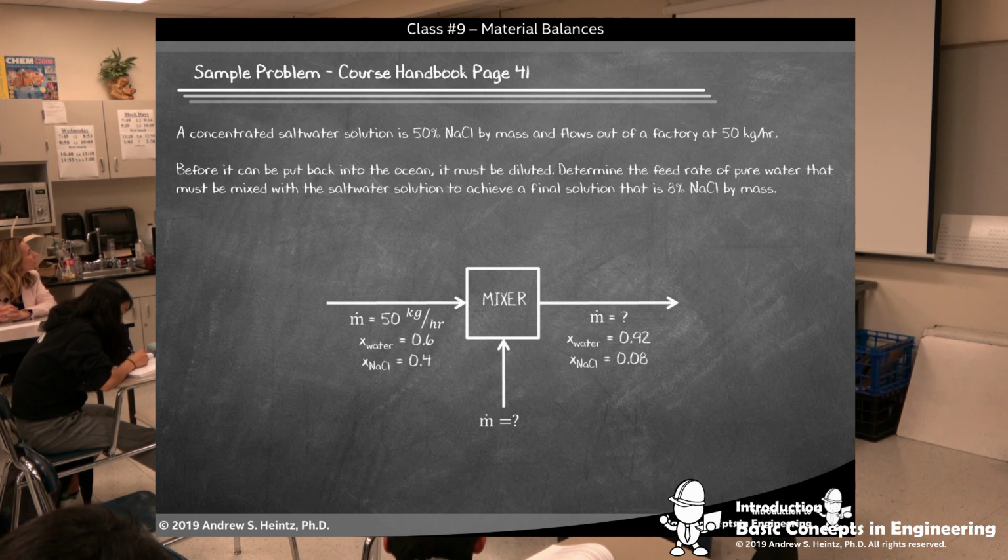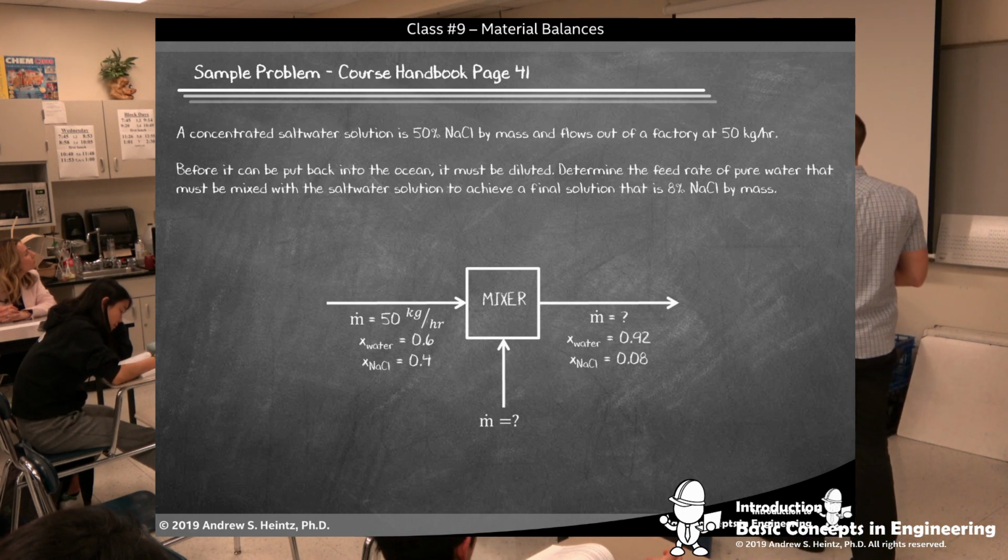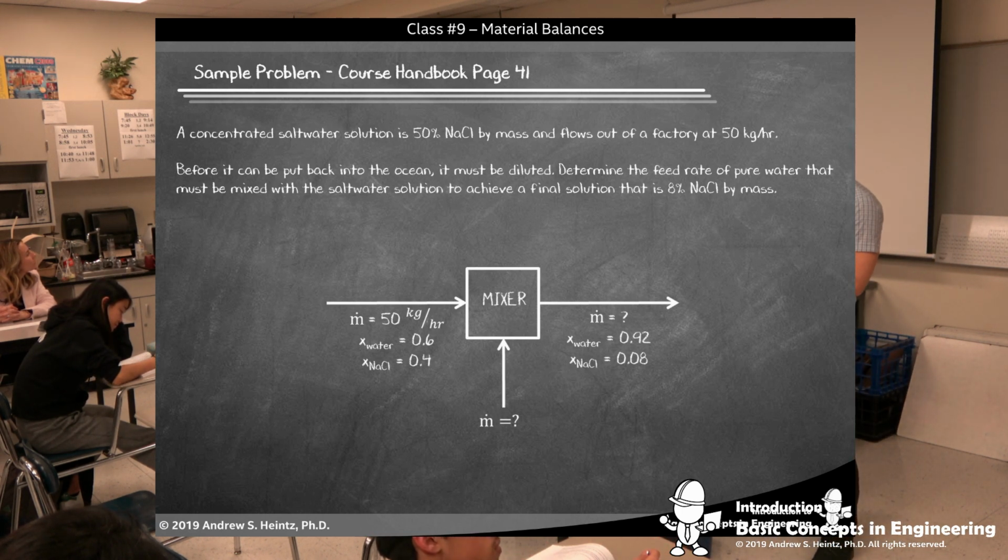However, before we can put that back into the ocean so we don't kill all the fish, we have to dilute it down so that it's not too concentrated. So what we're going to do to dilute it down is mix it with water. So the question I have for you guys is how much water do we have to mix it with?